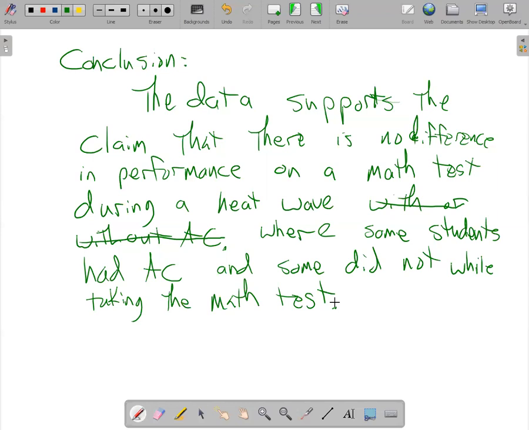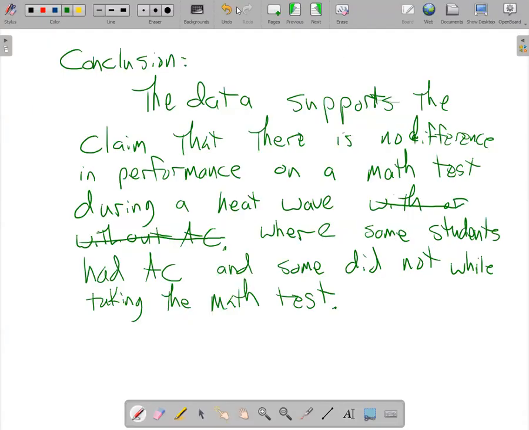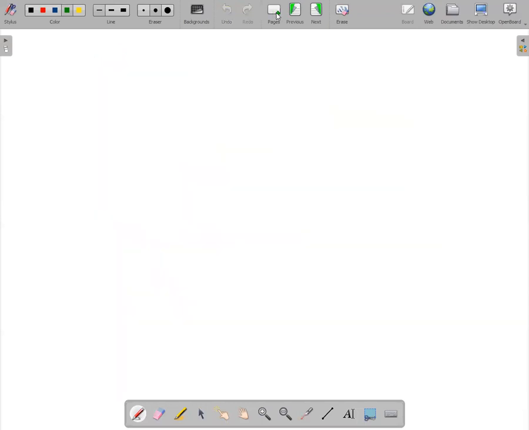So the p-value is a conditional probability. Oops, wrong button. And we'll stop after this. Get out a little early today. All right, what does a p-value mean? In particular, we're going to go over what this p-value means.